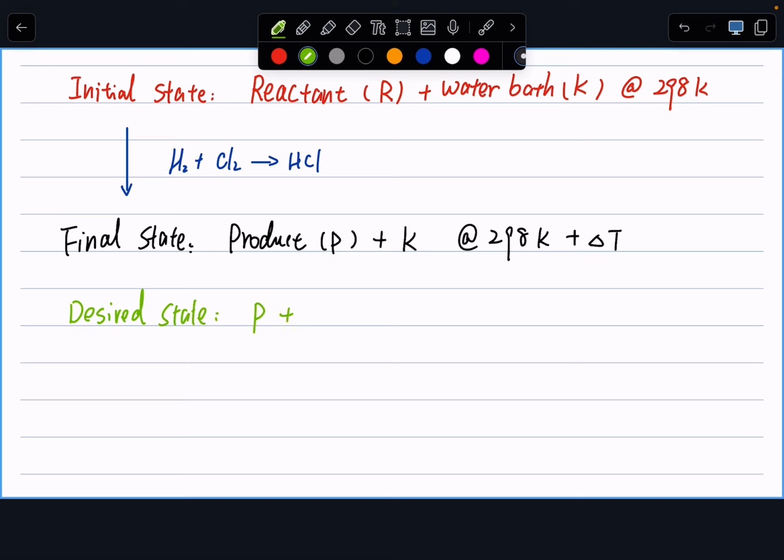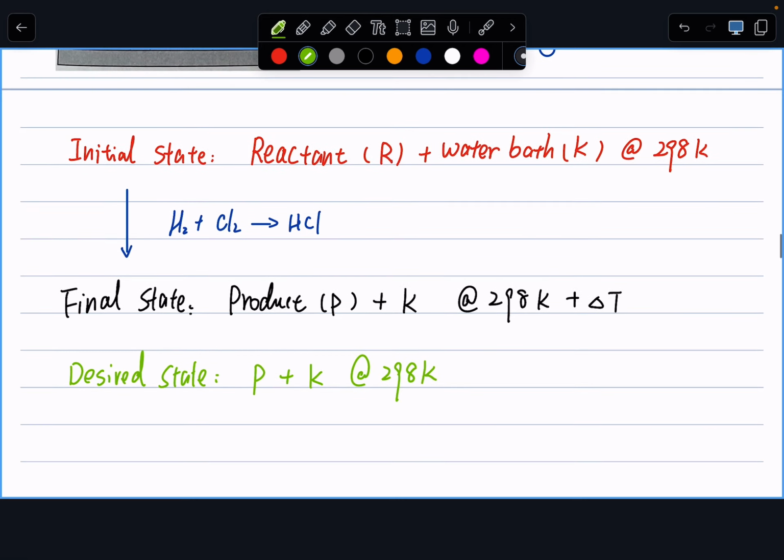It's my product plus water bath at 298 Kelvin. Right, so after the reaction, we eventually want the water bath to cool down, or we reheat the water bath, so that it's back to the original temperature of 298 Kelvin. By looking at the difference between your initial state and the desired state, we know how much heat is being generated or absorbed during the reaction.